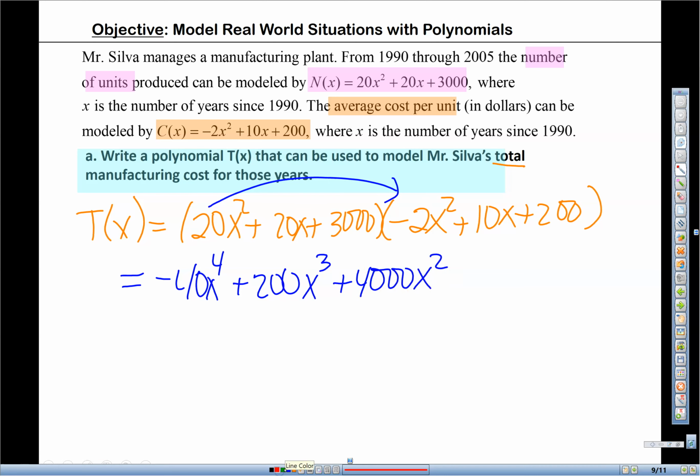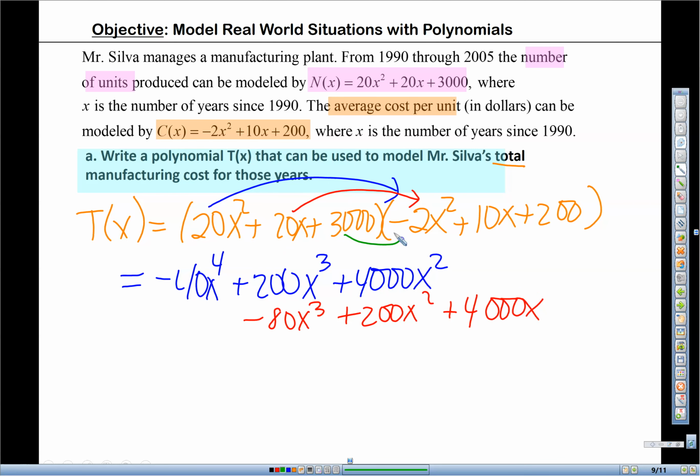So now I have to distribute my 20x. That's going to give me negative 80x cubed, so I'm going to put it here. And then a 200x squared. And then that's going to give me a 4 with 3 zeros, so a 4,000 with an x.